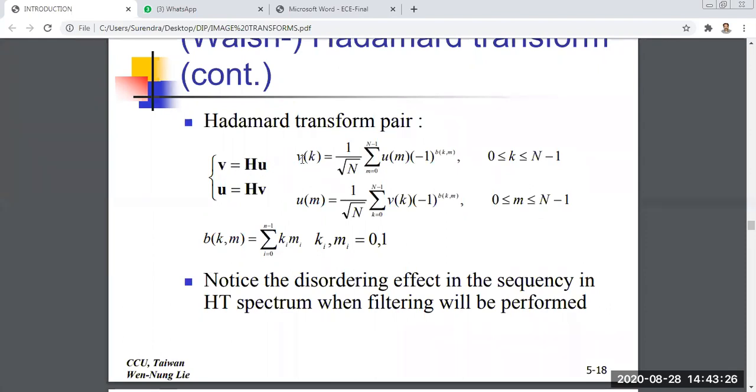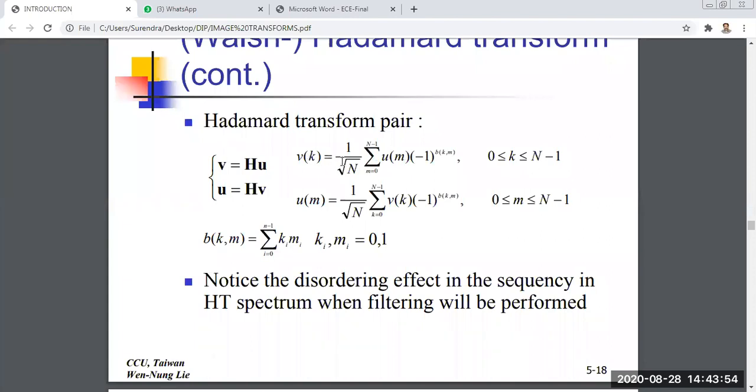As in our normal frequency domain representation, V of k equals 1 by square root of n, sigma m equals 0 to n minus 1, U of m into minus 1. So instead of Wn, we have minus 1 whole power b of k comma m. In the reverse form, this is the frequency domain and this is the time domain. In the time domain, we use the frequency domain signal; in the frequency domain, we use the time domain signal.